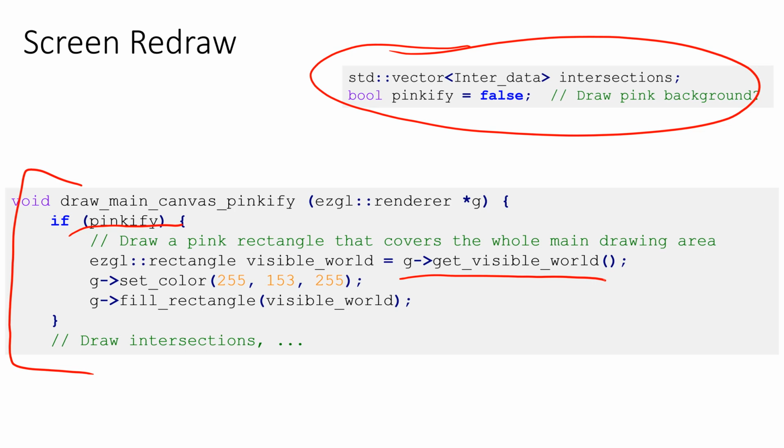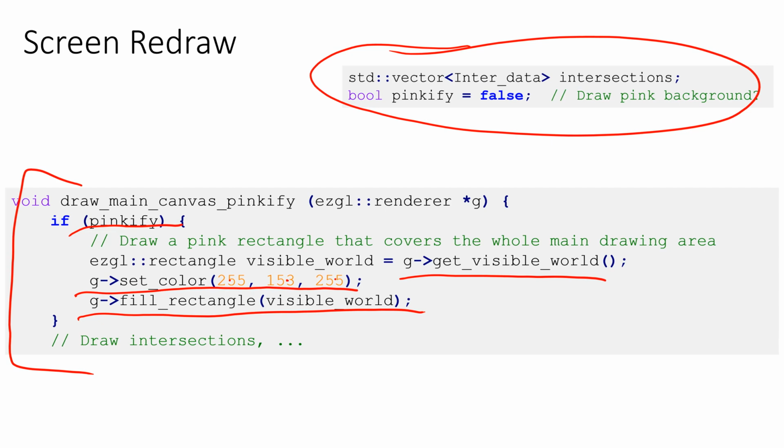So it gives me a rectangle that corresponds to the whole graphics area in my own coordinate system. I set my color to red, green, blue. This actually makes pink. I experimented. And then I basically say, fill a rectangle with that color. How big? The whole visible world that it's got. So basically the whole graphics area, the main canvas.